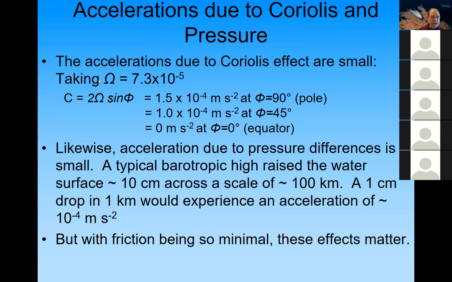So if we take the value of omega as 7.3 times 10 to the minus fifth, and this has to do with the speed of rotation of the planet, and we consider 2 times omega times the sine of latitude at the pole, where the Coriolis effect is greatest, we have about 1.5 times 10 to the minus 4 meters per second squared at the pole.